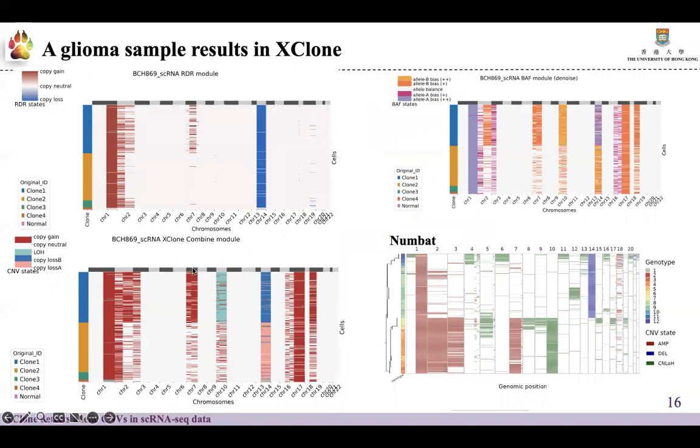We can show that here on chromosome 14, we can see a copy loss in one major clone and another allele copy loss in another subclone. But Numbat cannot detect this kind of copy loss.